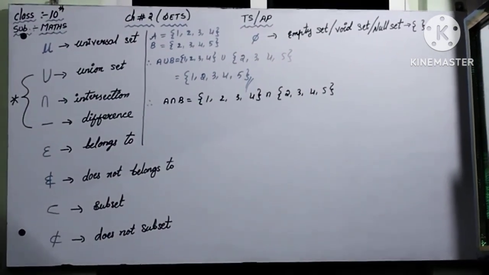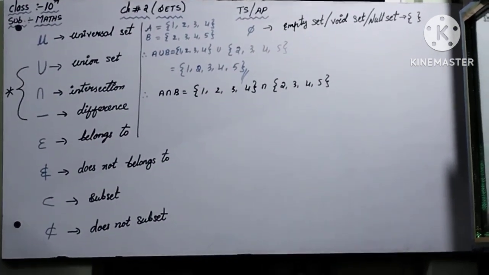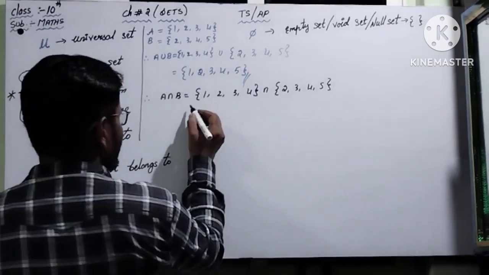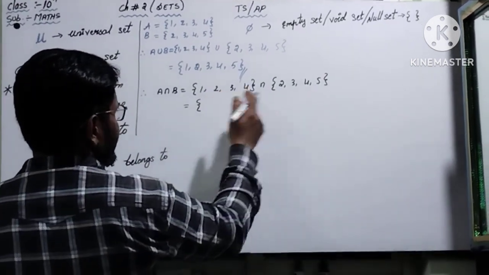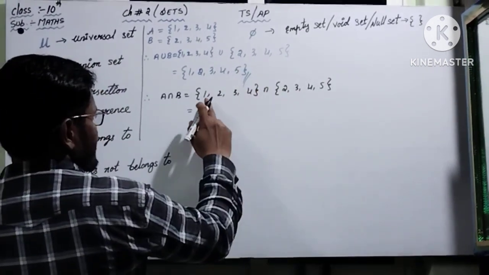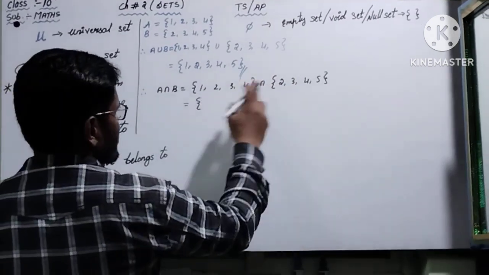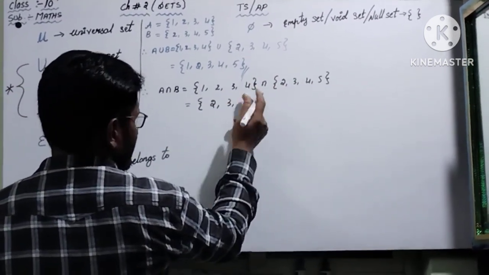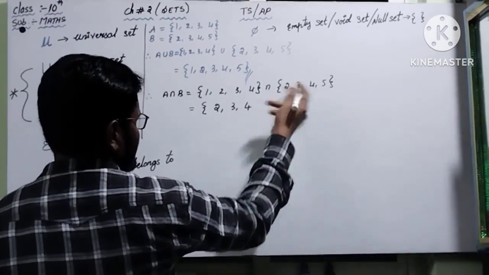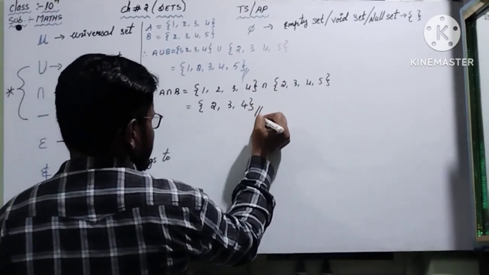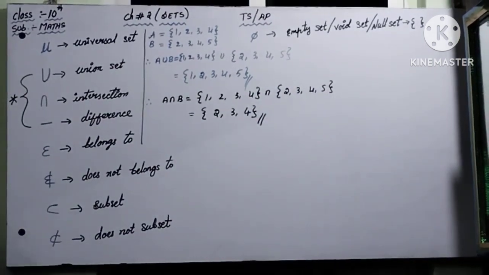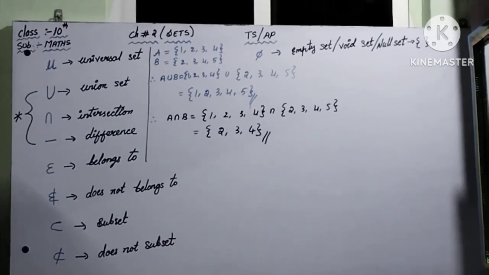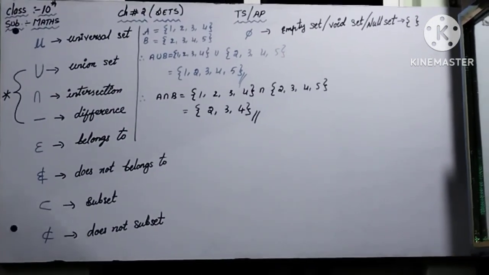Intersection means just write only the common elements. What are the common elements in these two sets? 1 is not repeated. 2 is repeated, so 2 is common. 3 is repeated, so 3 is common. 4 is repeated, common. 5 is not there. This is A intersection B. Only write common elements, meaning those repeated in both sets.